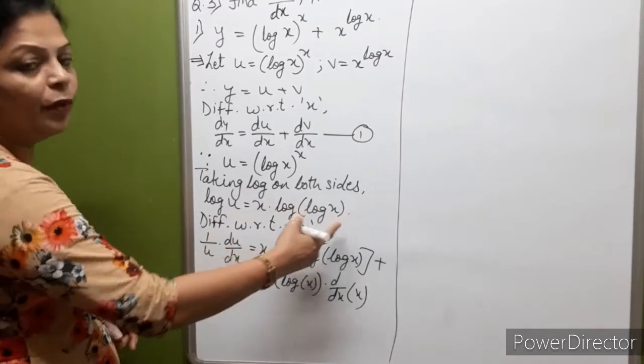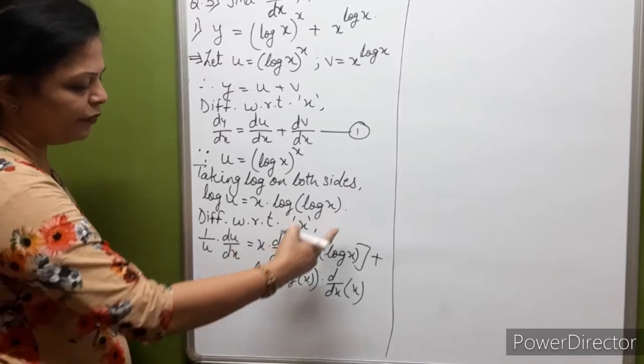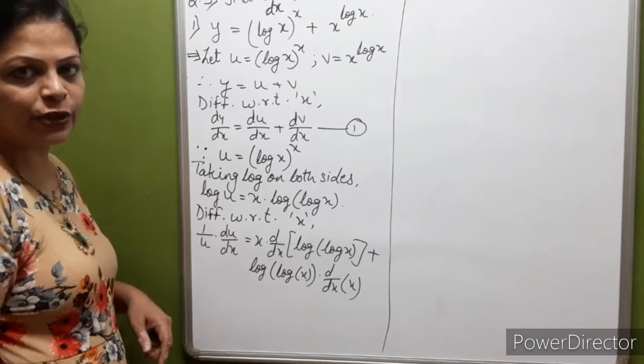Your u into v formula: first function as it is into derivative of the second function plus second function into derivative of the first function.